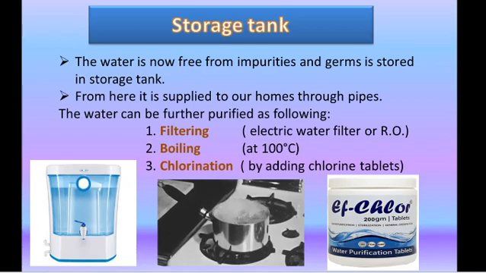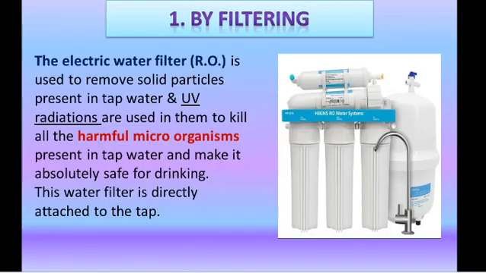After the storage tank, we have gone through lots and lots of steps, but we are still not sure that there are no germs. So in our home also we can purify it further by filtering, boiling and chlorination. First, filtering.